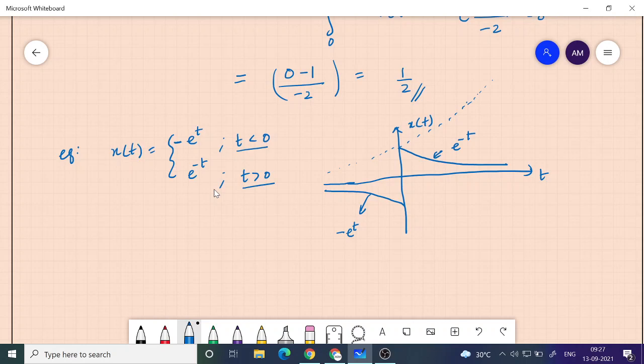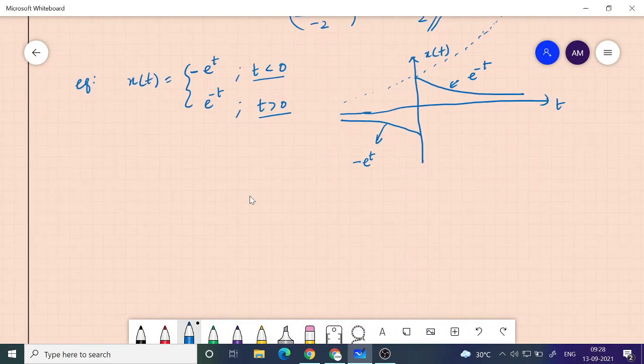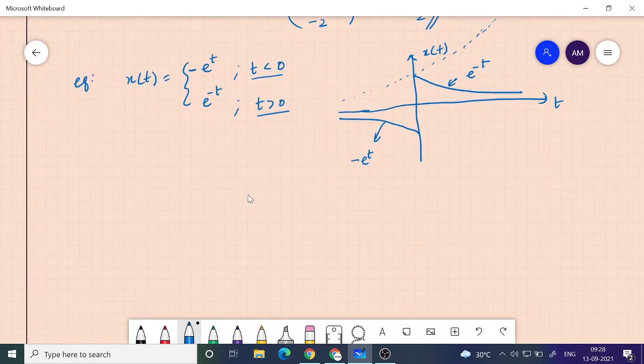For positive, your expression is e raised to minus t. For negative, your expression is minus e raised to t. Now the question is: find the energy of x of t.